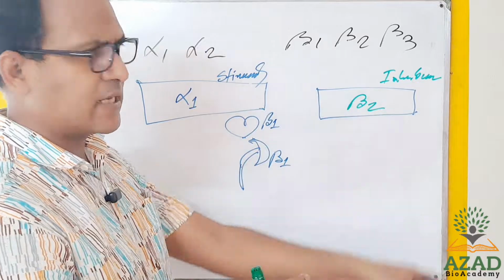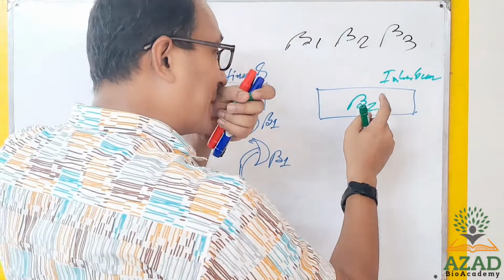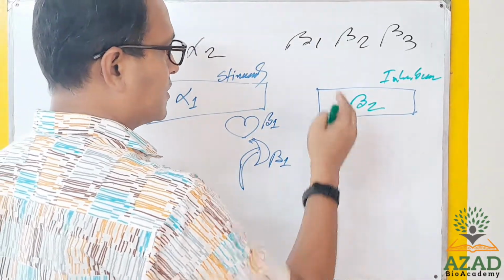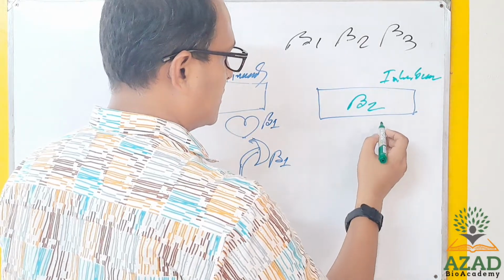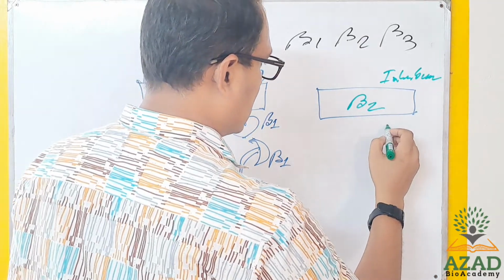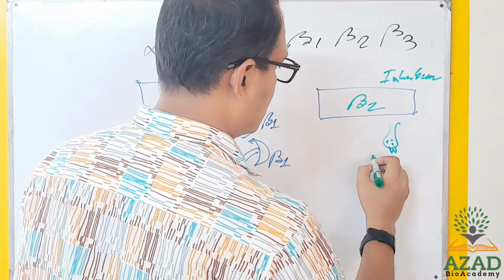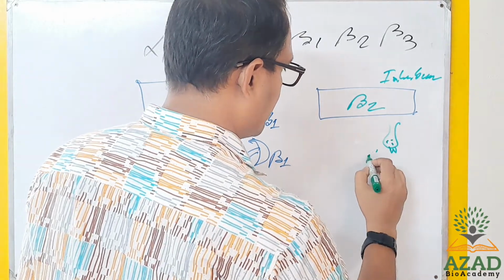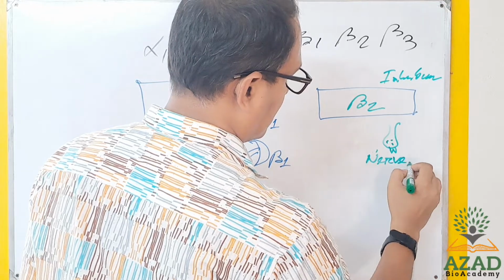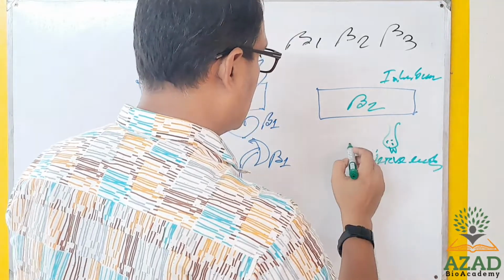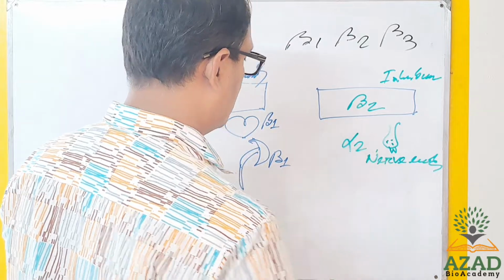So for the inhibition activity, beta 2 can be the prime responsible receptor, but with some exception, like your nerve ending over there, that is nerve ending. Here alpha 2 is mostly present.